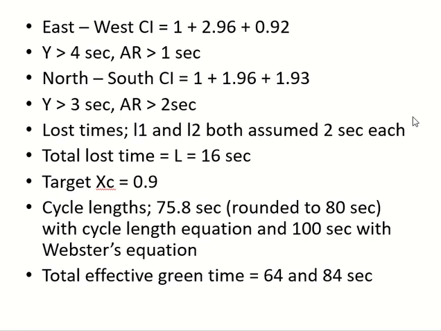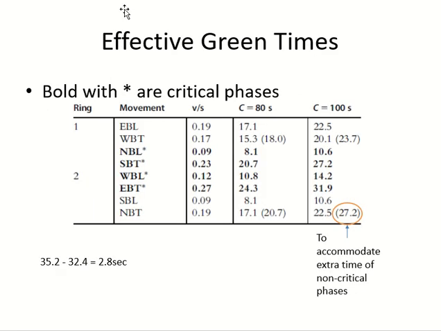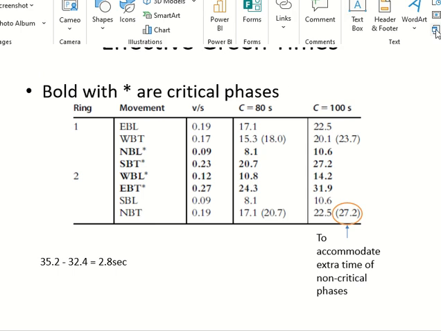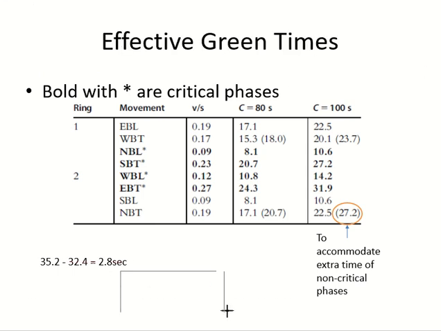So I'll put effective green equals green plus yellow plus all red minus lost time.